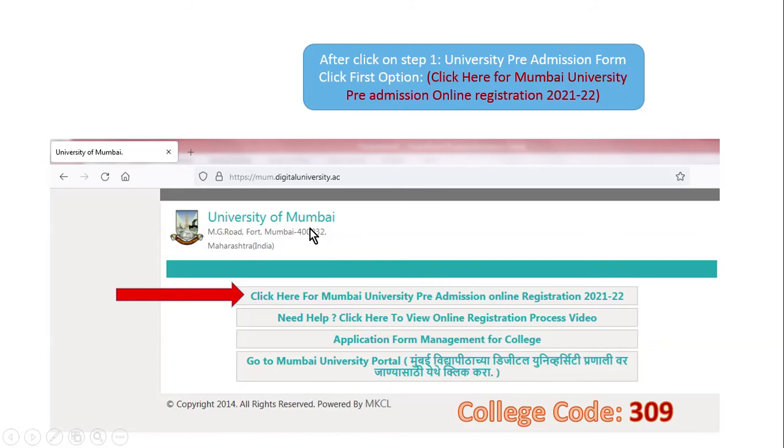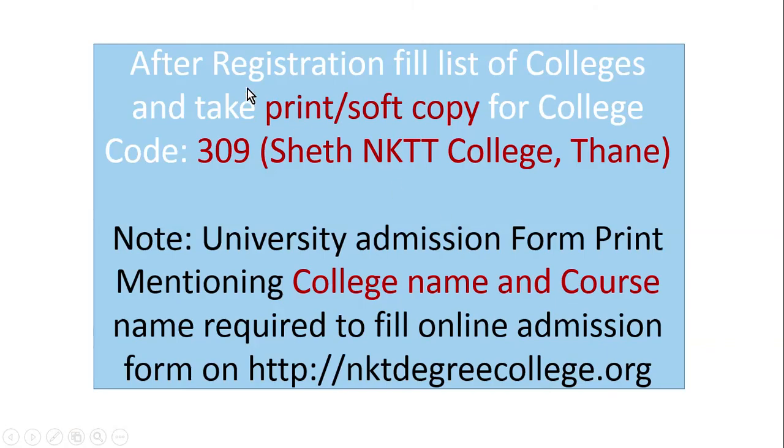Now, once we click on Step 1, university pre-admission form, it redirects to the university website, and here we have to click on the first option, that is, click here for Mumbai University pre-admission online registration 2021-22, and then fill it accordingly. After registration, fill the list of colleges and take the print or the soft copy, which is required for the further process.